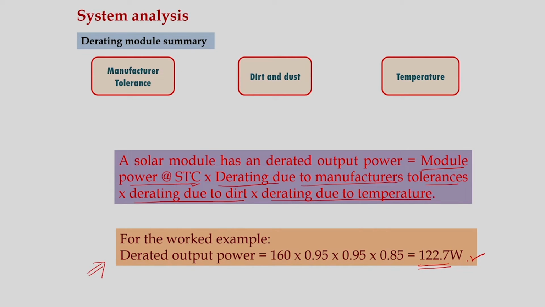You just see we have initiated with 160 watt peak. Now we have considered 3 derating factors: manufacturer tolerances, dirt and temperature. So this 160 reduces to 122.71. You can see this is a significant reduction of power output.